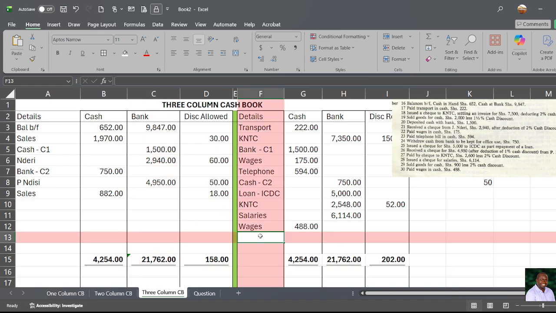So that means we'll have two balances. This is the balance brought down. There will be two on this side and also on the other side.